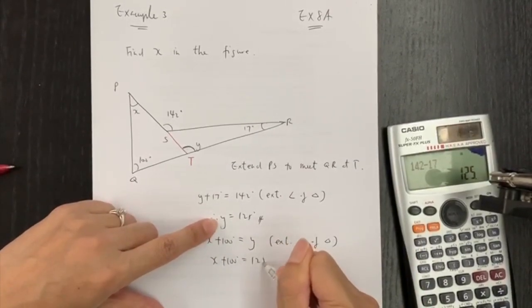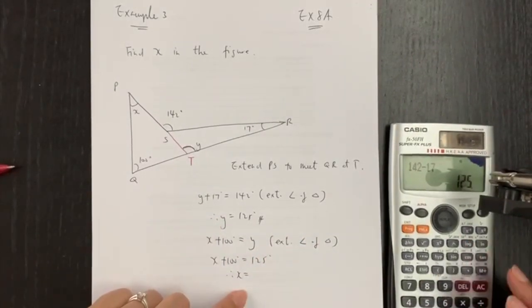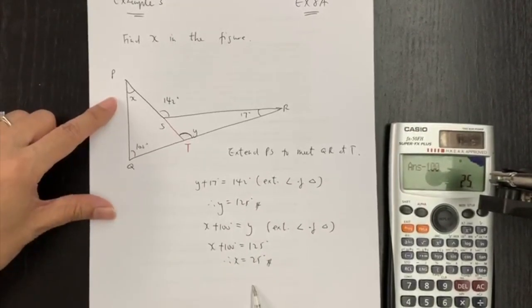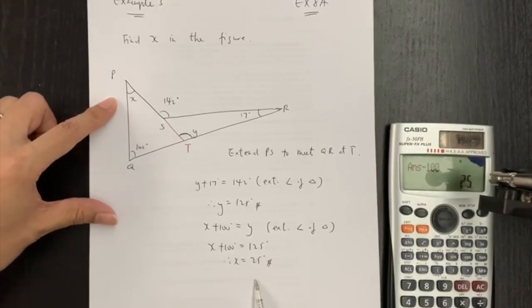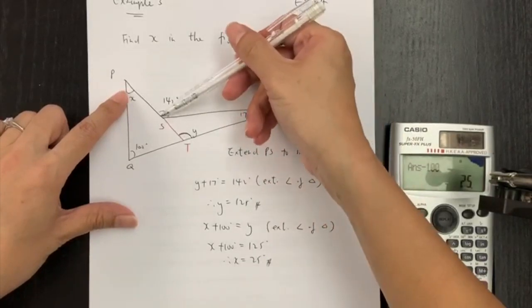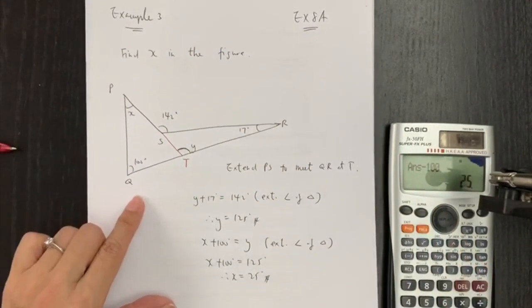Is 125. Therefore, finally, what is X? X will be equal to 125 minus 100. Okay, 25. Yes, done. Okay, so this is the final example here. So if we don't have any triangle, sometimes we have to extend the line here to form our own triangle. All right, very good.